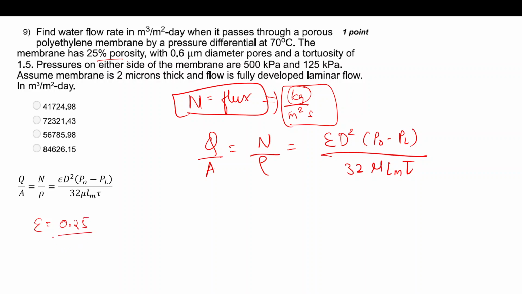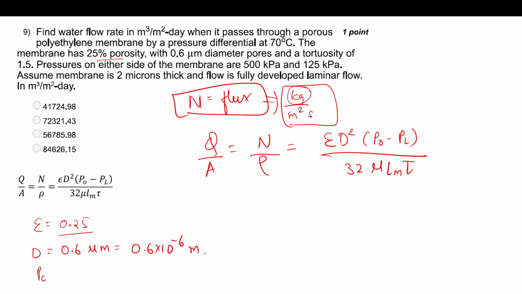Then D is the diameter of pores, given as 0.6 microns, which is 0.6 into 10 to the power minus 6 meter. Maintain constant units throughout so that it is easier for calculation.